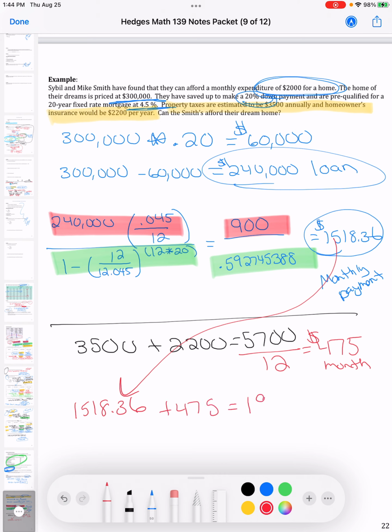That gives me $1,993.36 total per month. They had $2,000 to spend. They can afford this house. They can afford the payment, they can afford the taxes, and they can afford the insurance. They did have to have that 20% down payment for the loan to get started though.